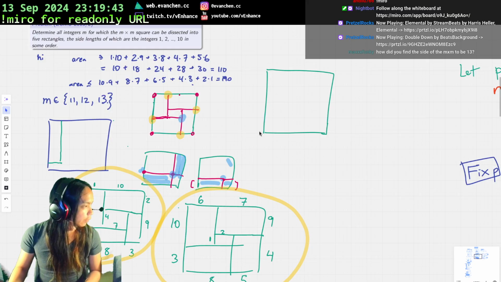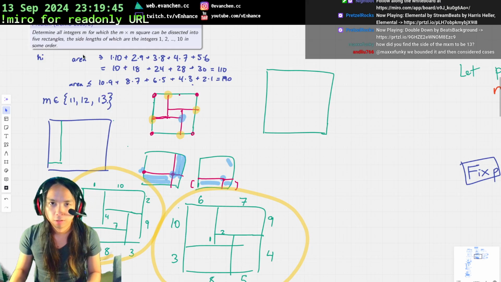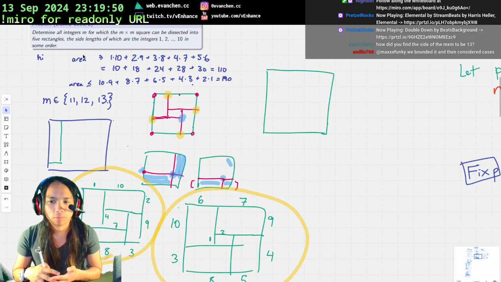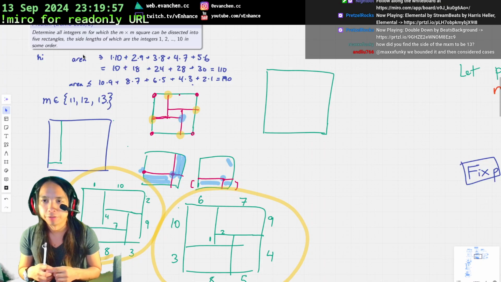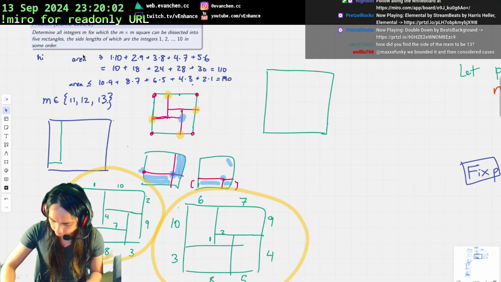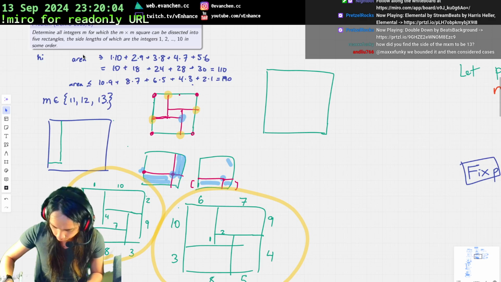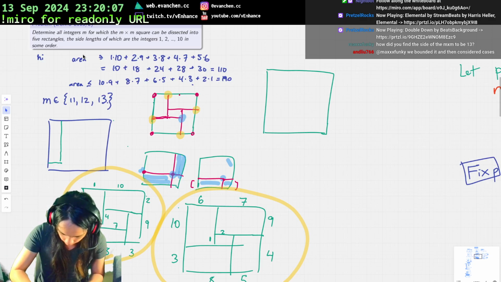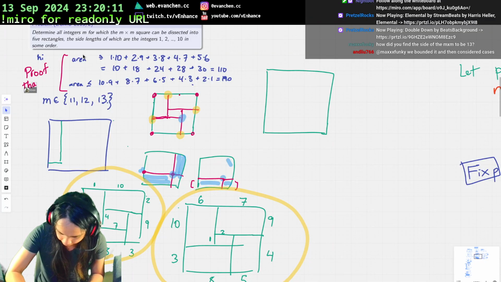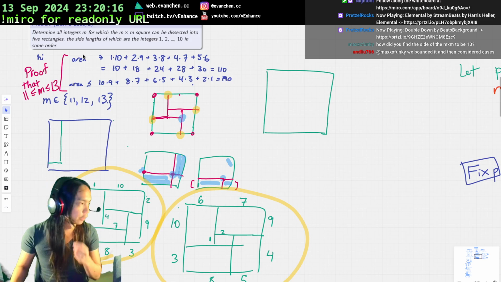How did you find the side of the m by m to be 13? So the problem is asking for which m. For every integer m, I need to either tell you it's possible and give a construction, or give you a proof that it's not possible. So far what I have is a proof that for the task to be possible, m has to be between 11 and 13.